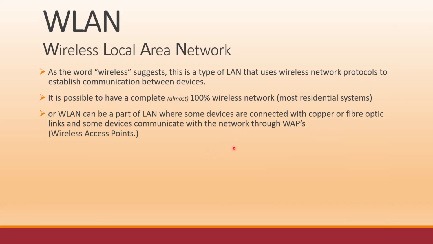So some of the links are not wireless, but an Ethernet link or Ethernet connection, which means Cat5e or Cat6 wire. It can be connected to a PC, laptop, some other device, or it could be connected to a wireless access point.